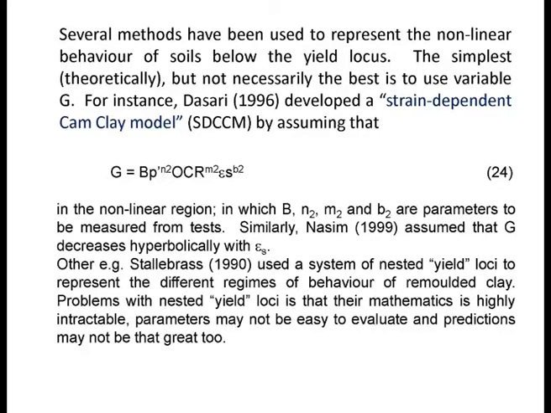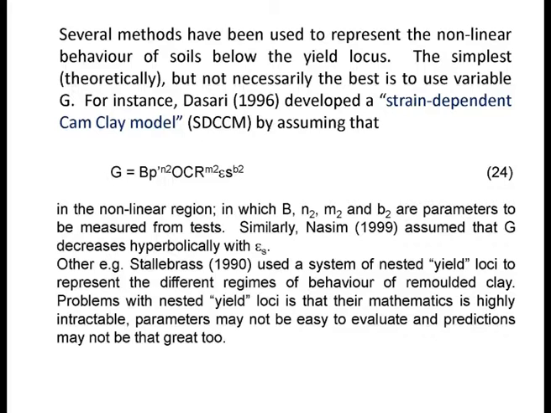Now, this is usually taken to be a power dependency. And so the M value is actually this N2, power dependency. You understand? It is a power of what? Basically for clay and for sand, it is usually considered to be quite close to 0.5.